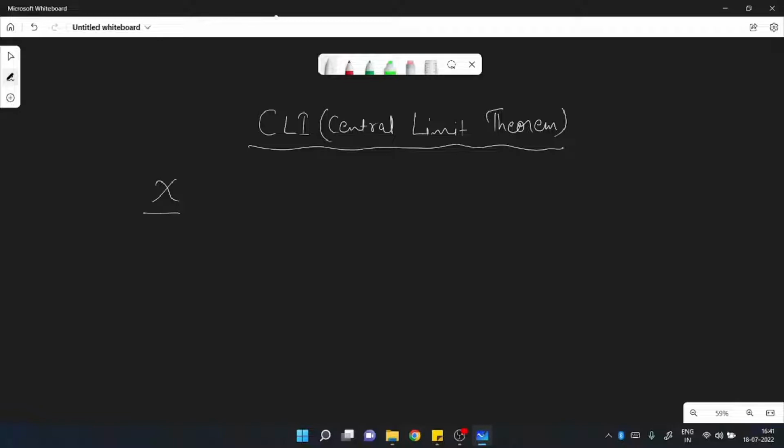If I plot this random variable, it may or may not belong to a Gaussian distribution. Let's say this x, my random variable, has some mean and also some standard deviation.